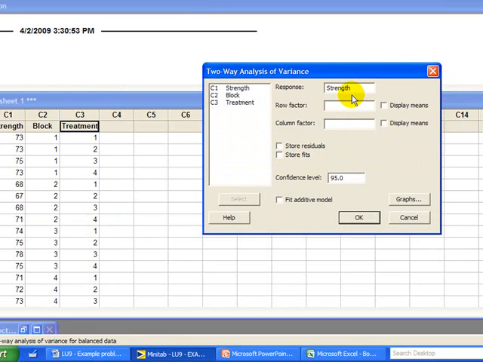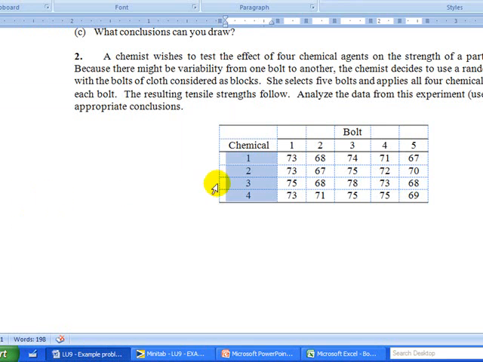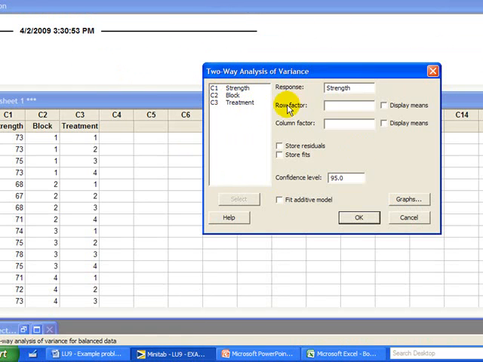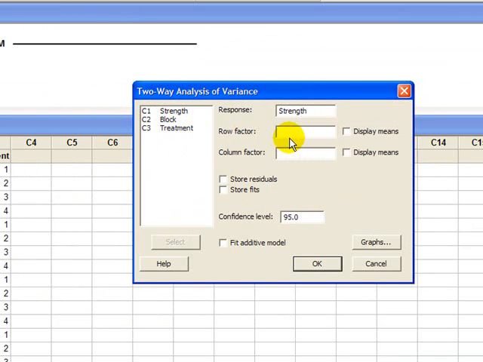Our row factor is the treatment, right? It does not matter if you put treatment as a row factor and block as a column factor, or if you put block as a row factor and treatment as a column factor.